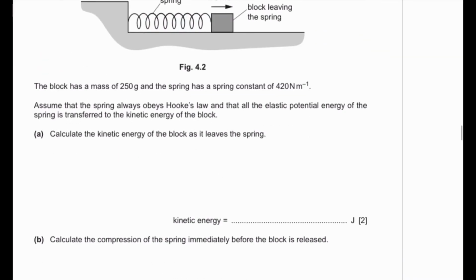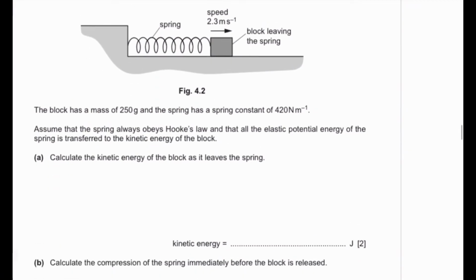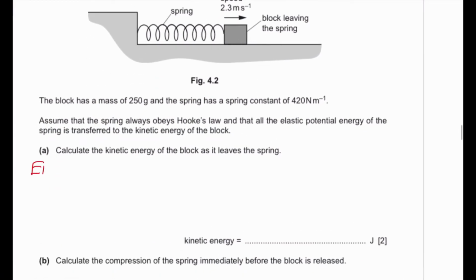So how do you find the kinetic energy of the ball as it leaves the spring? We know that the kinetic energy is equivalent to half times m times v squared. Very important: just stating this formula alone will give you your C1 mark.